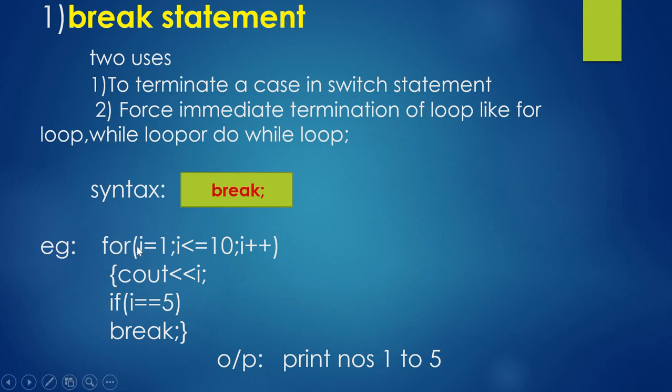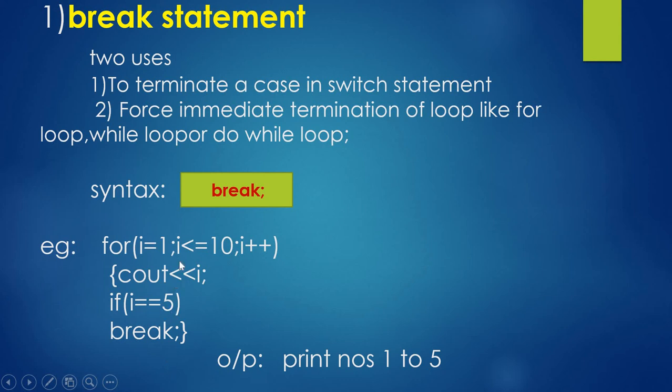For i = 1; i <= 10; i++, cout i. This program is used to print the numbers 1 to 10. But here we have given one condition: if i == 5, break. What is the meaning?